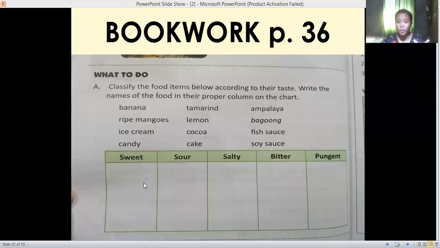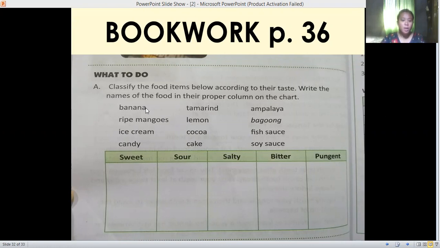Before, we only had sweet, sour, salty, bitter. But now we have pungent. So teacher, what is pungent? Pungent is a strong taste or strong smell. It has a strong taste or strong smell.